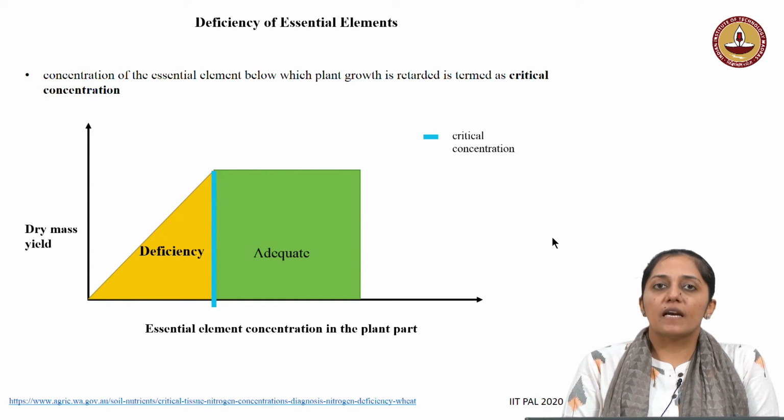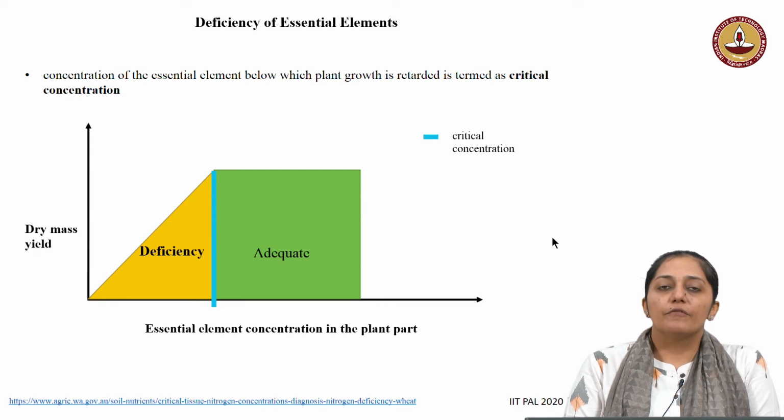So, how to understand the deficiency of any element? If you see the plot shown on the slide between dry mass yield and the essential element concentration in the plant, below the critical concentration, which is shown here by the blue color line.